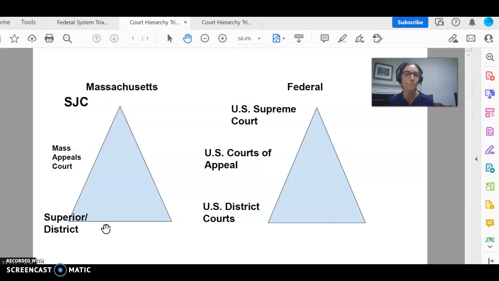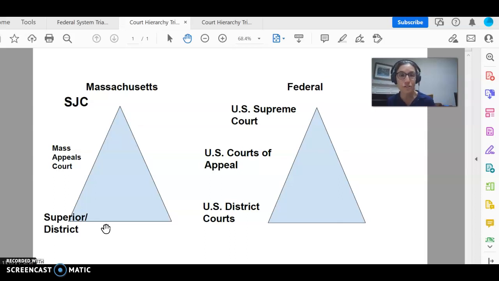There are a couple of procedural matters in Massachusetts where there is an appeal from district to superior. We're not going to research the nuances of that, but I did just want to make you aware of it. So if you're driving around town and you see Superior Court and you see District Court named after a town, these are the trial courts of Massachusetts.